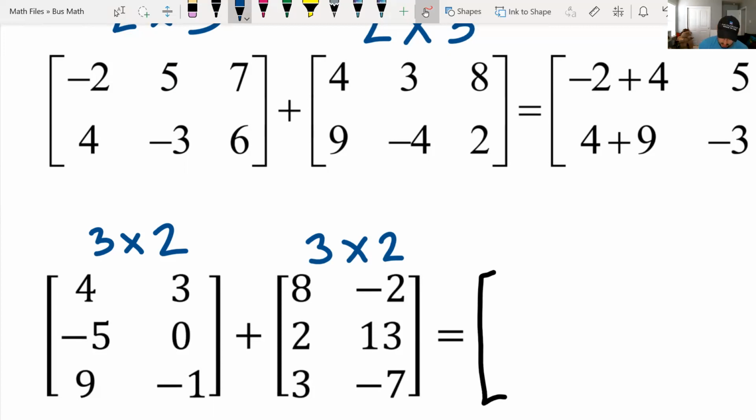So we'll get 4 plus 8. So first element in the first matrix plus the first element in the second matrix. And then 3 plus -2. And I'll put this here to separate the columns.